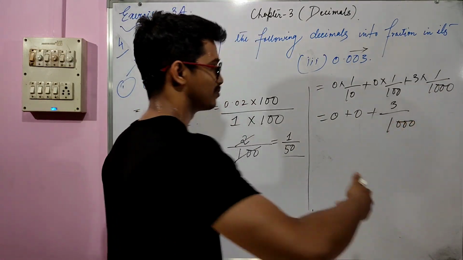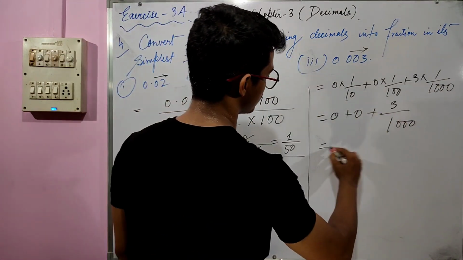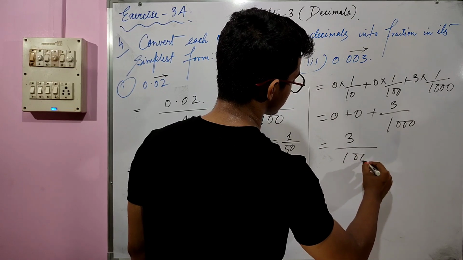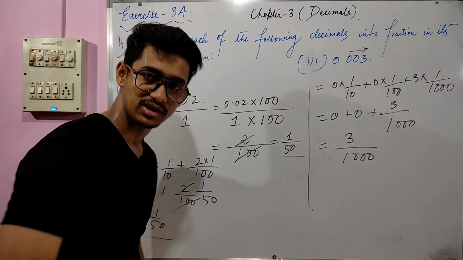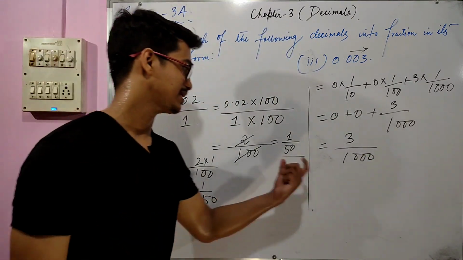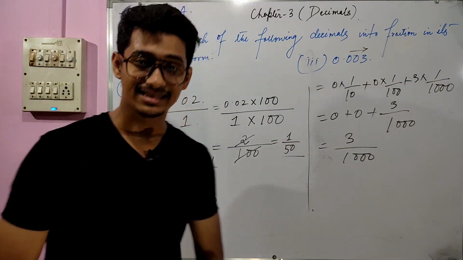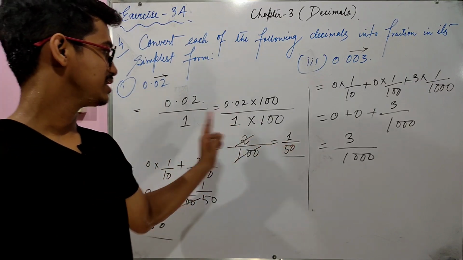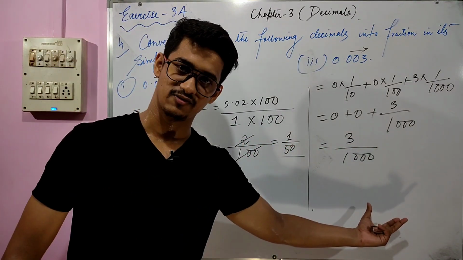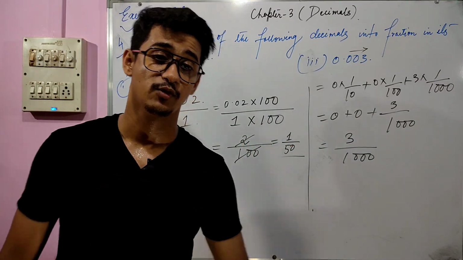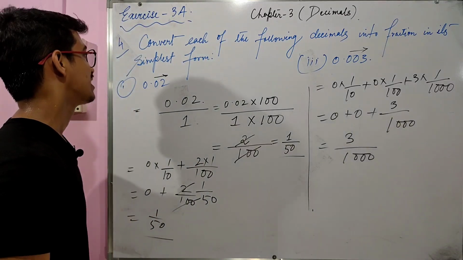Is there any common factor between 3 and 1000? No. So 3 by 1000 is the simplest form of this decimal number. Instead of the other process, you can follow this process, right? It is much more fruitful and easier, I guess.